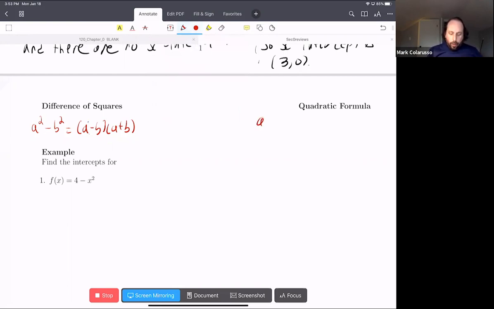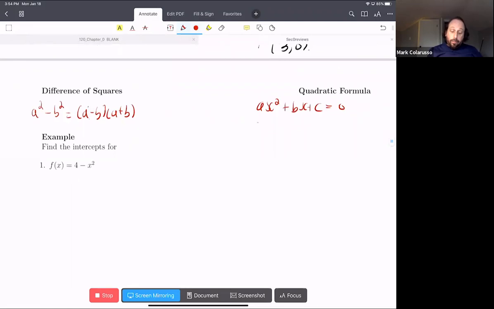So what's the more general thing for factoring a quadratic equation? If you have a general quadratic, ax squared plus bx plus c, and you want to factor this, you want to find the zeros, the solutions of this equation, that's given by the quadratic formula.